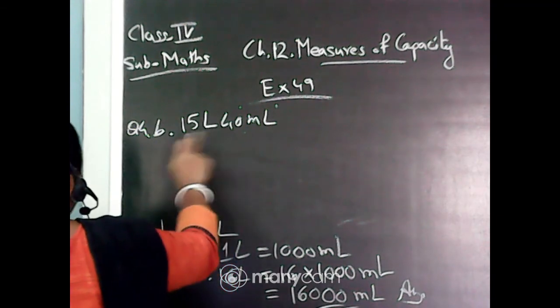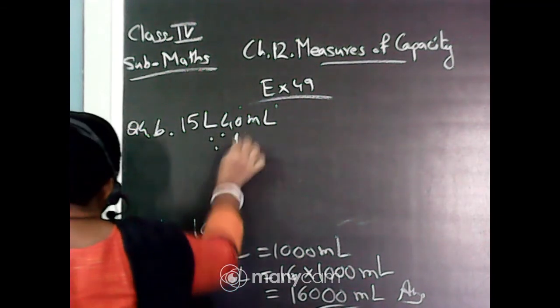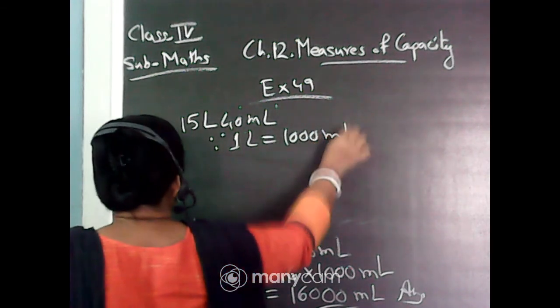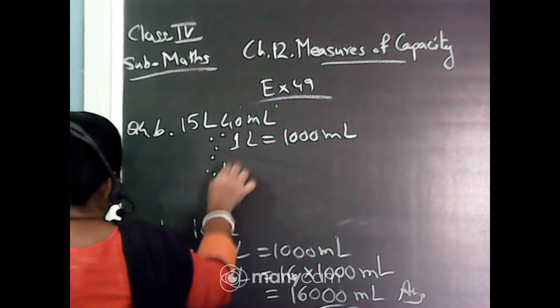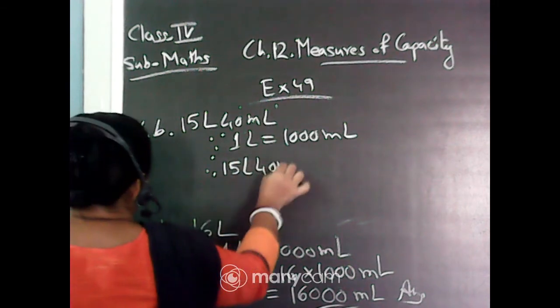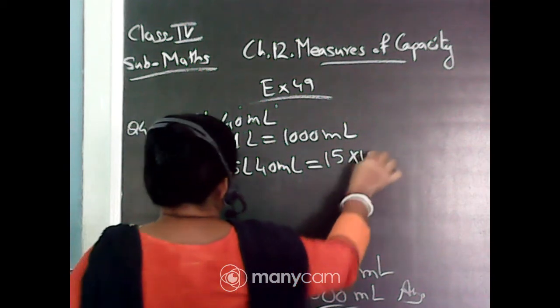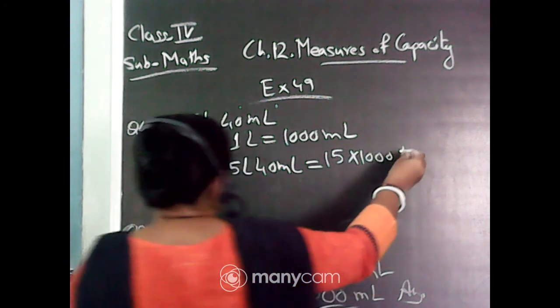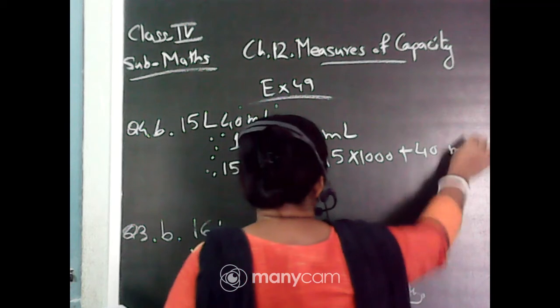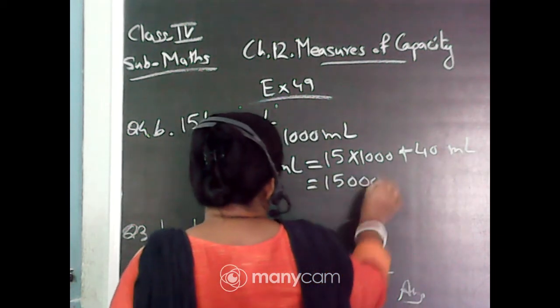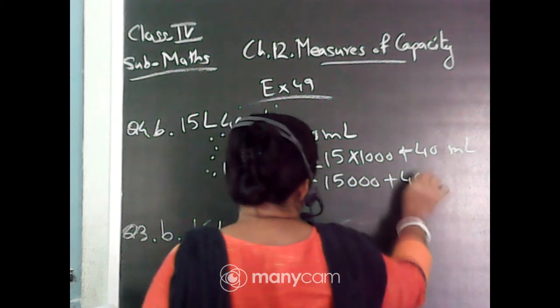So only you will change this liter. What you will write? Since 1 liter is equals to 1000 milliliter, therefore 15 liter and 40 milliliter is equals to 15 into 1000 plus 40 milliliter. Now this after multiplication it will be 15,000 plus 40 milliliter.